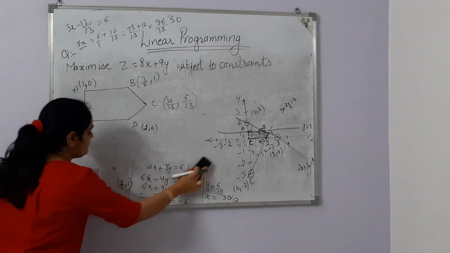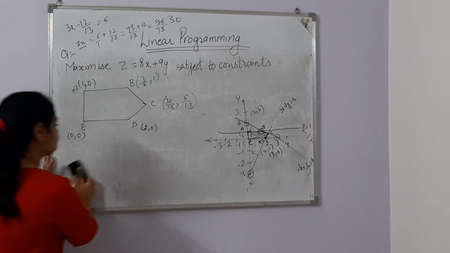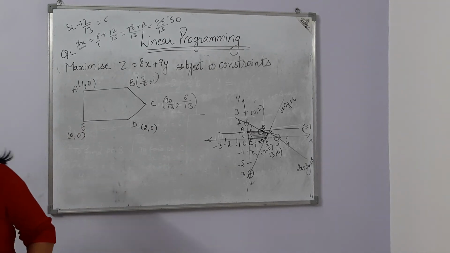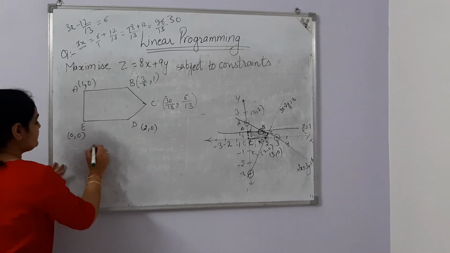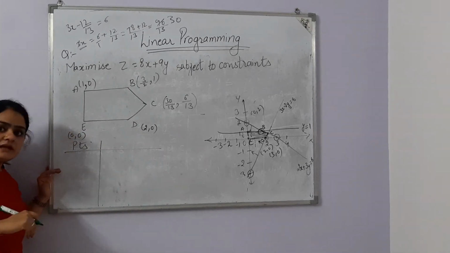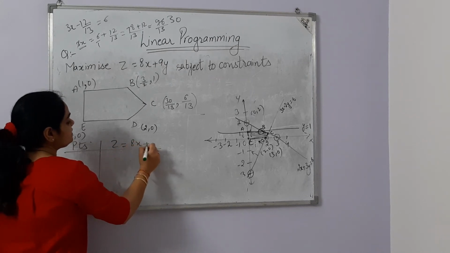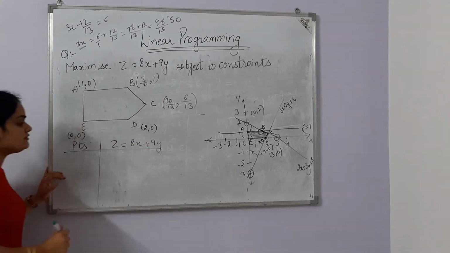Now what we'll do, for the function which is given to us, we'll form a table of points and write the function, Z equals 8x plus 9y.